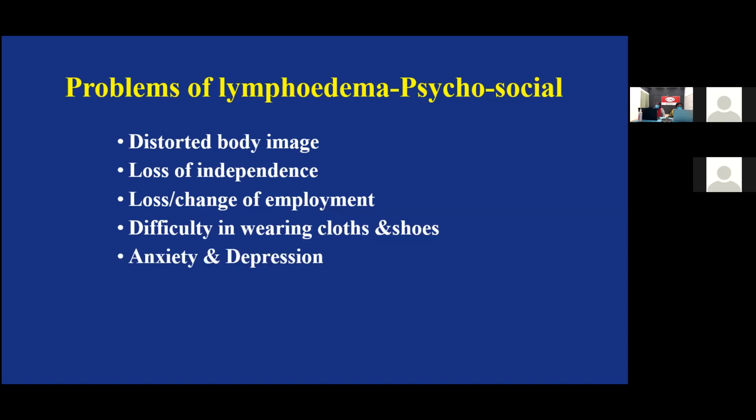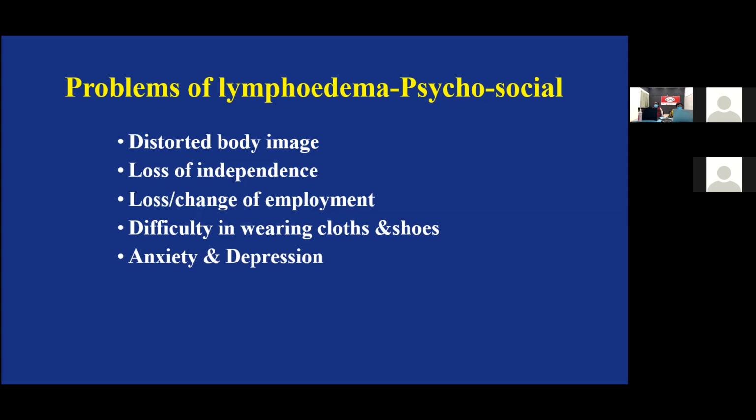Then there is anxiety and depression. They will be anxious about why this edema comes and why more fluid is developing and the limb is so enlarged. Maybe they may think that the disease is spreading from the cancer.